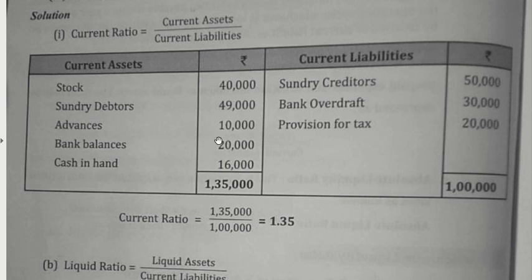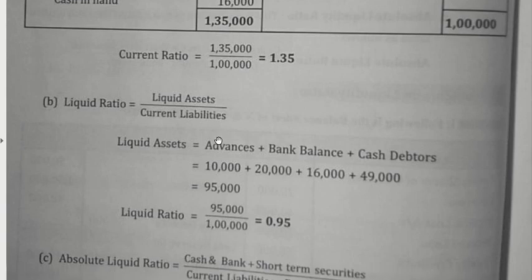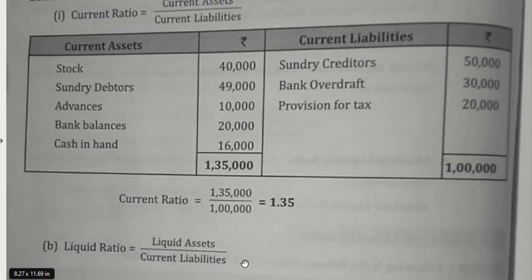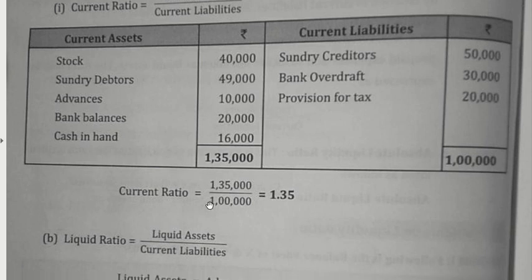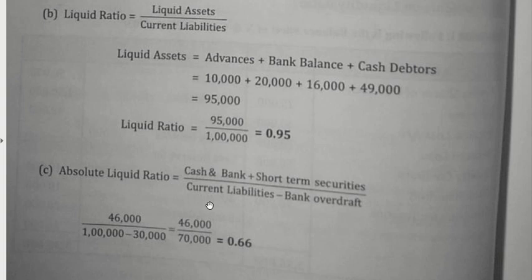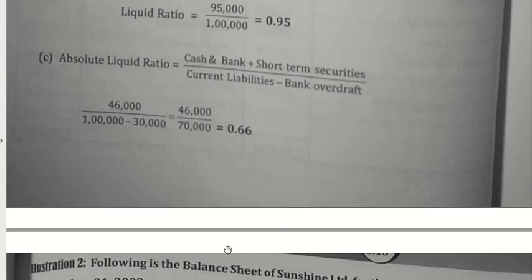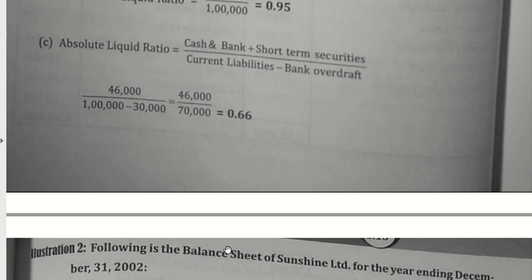The total you get is 46,000. You do not consider sundry debtors here for your third ratio. Current liabilities are 1 lakh minus bank overdraft, which is 30,000, so you get 70,000. So 46,000 divided by 70,000, 0.66 is your answer.